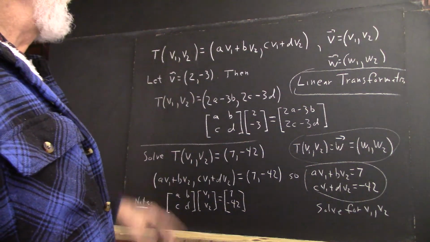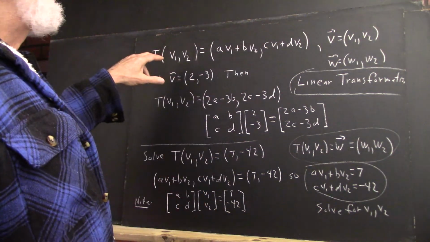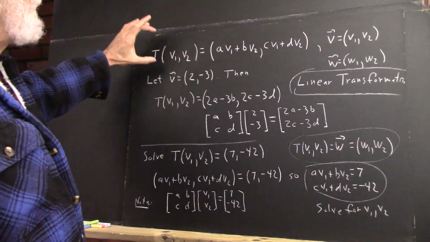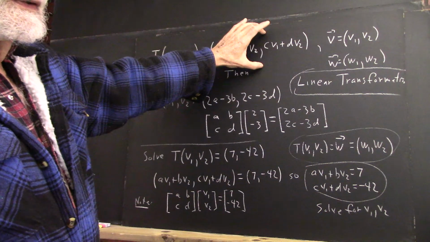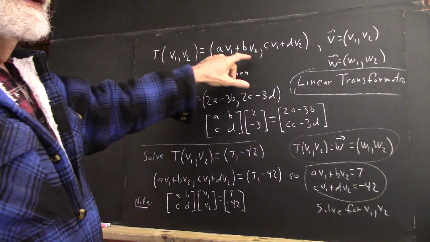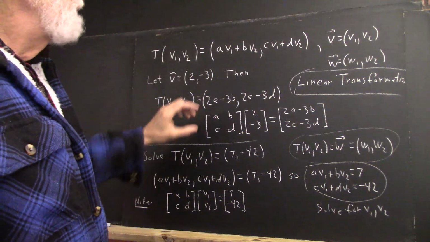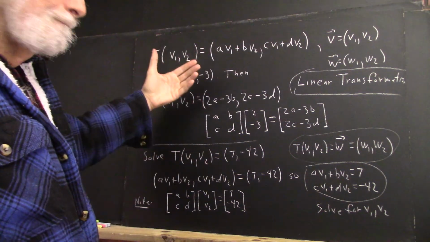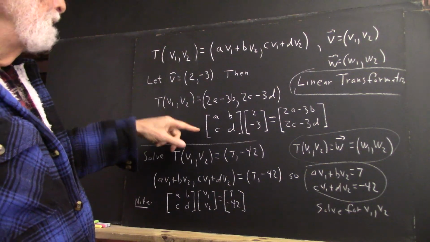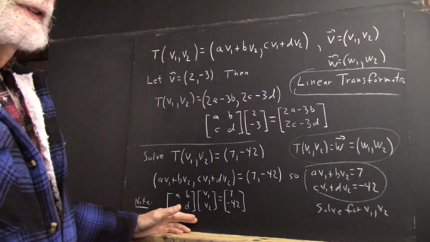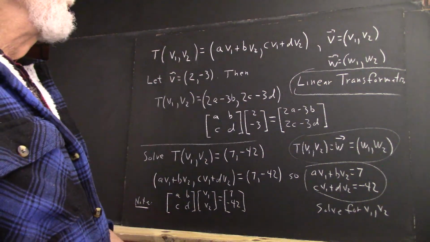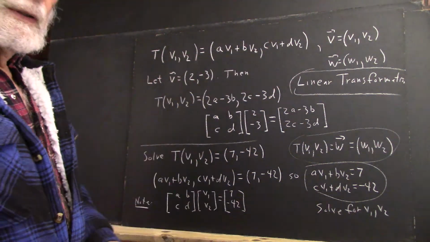And any linear transformation in R2, now when I say in R2, from R2 to R2, transforming a vector in R2 to a vector in R2, everything can be set up as a matrix in this way. Now, we're not going to talk too much about the matrices today. We're just going to talk about linear transformations, images, and preimages.